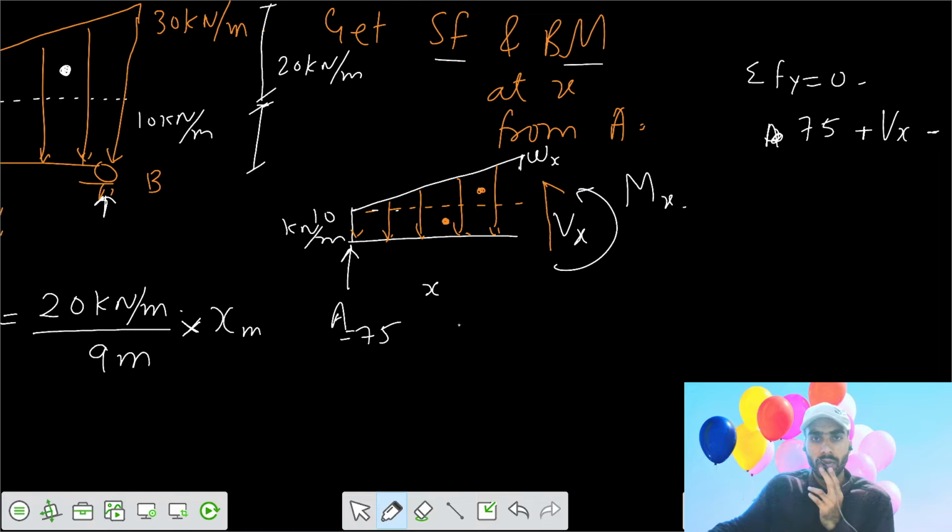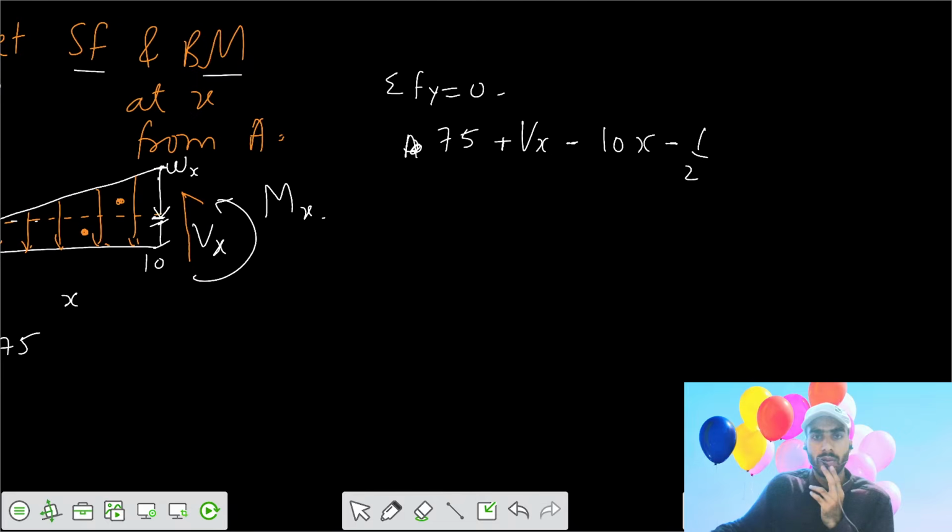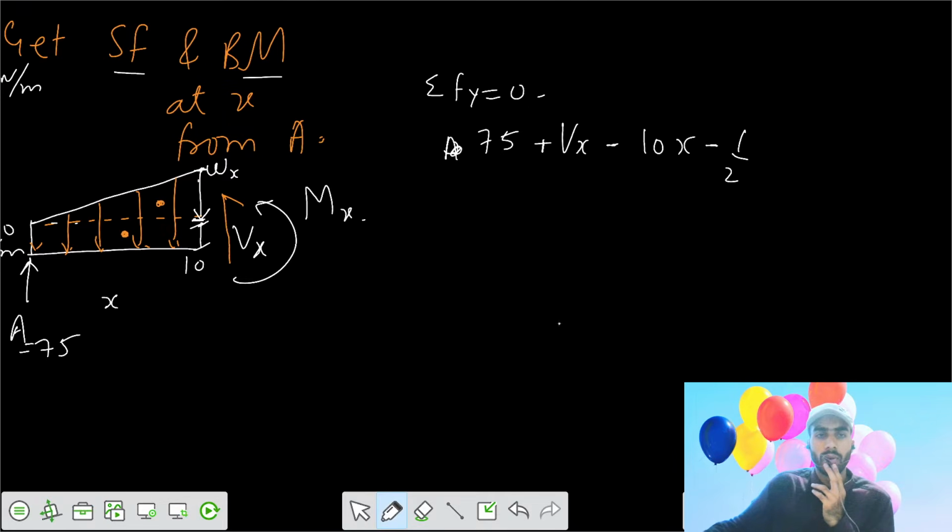So this was your wx, and here is also 10 kilonewton. So we have 1/2 wx acting for a length of x.